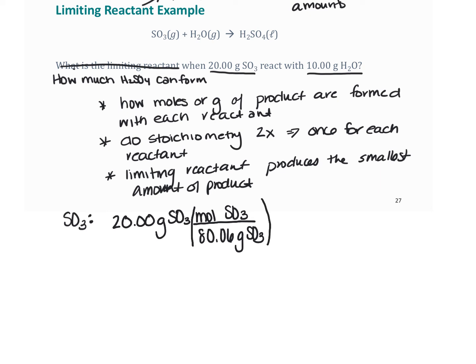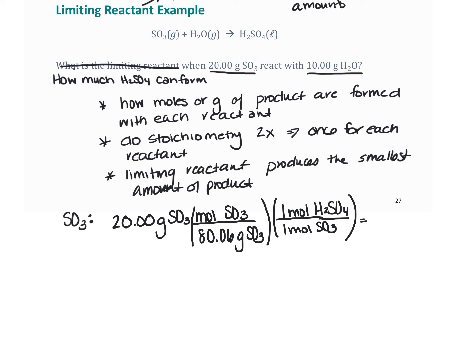And then I am looking for the moles of sulfuric acid. Okay. And I can look here and I can see there's 1 mole of SO3 for every 1 mole of sulfuric acid. Just like that.